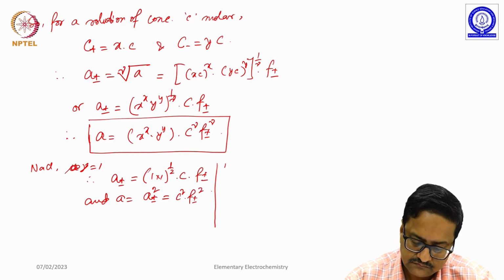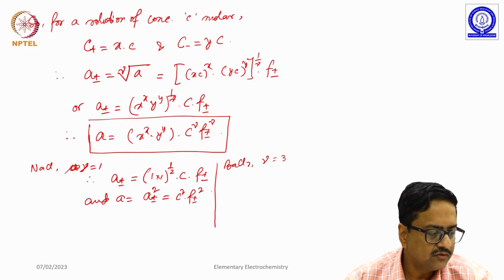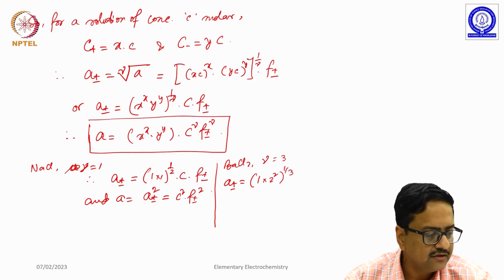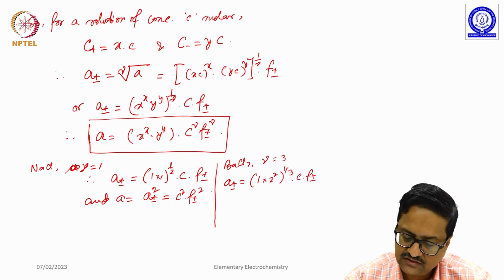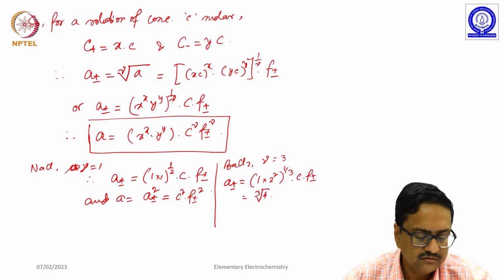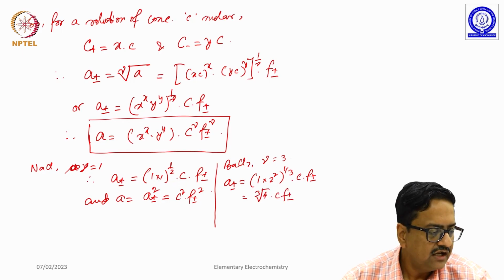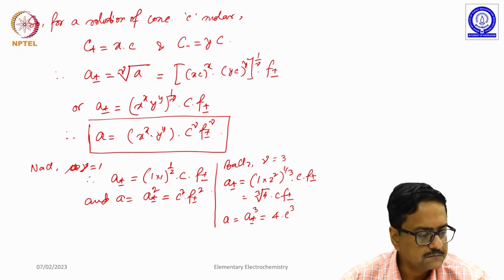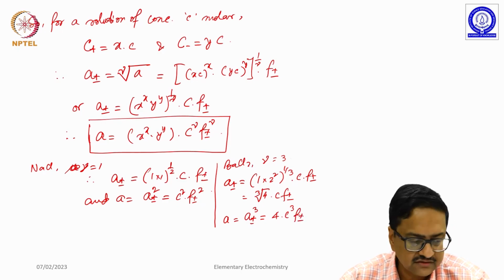Similarly, for barium chloride, nu equal to 3. So, you can write a plus minus as equal to (1 into 2 square) to the power 1 by 3 into c into f plus minus, which essentially means cube root of 4 into c f plus minus, and a equal to a plus minus cube, which is equal to 4 c cube f plus minus cube.